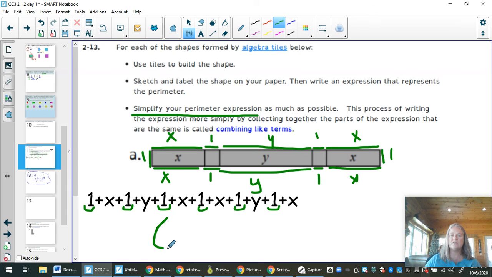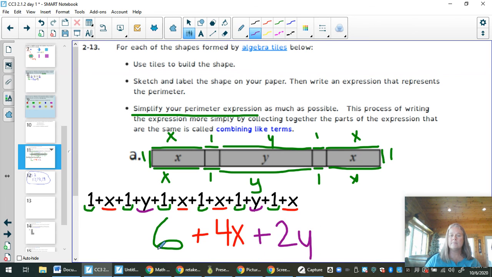It's much easier just to write 6. I have 1, 2, 3, 4 x's. That's a lot easier than writing x plus x plus x plus x. And then the last one, I have 2 y's. So I do plus 2y. And that's my final perimeter.